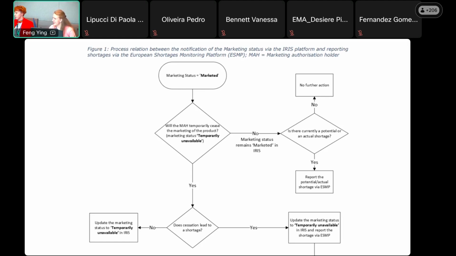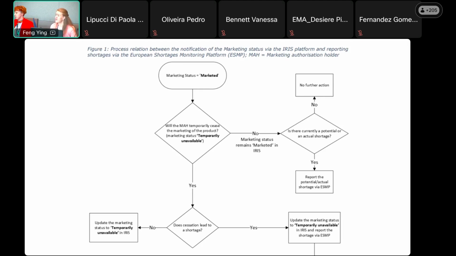In the other scenario, the MAH, due to whatever decision, changes the marketing status to temporarily unavailable, and the arrow with the yes goes down. In IRIS, you also need to indicate if the cessation leads to a shortage, and there are 2 options, no and yes. If no, then you just need to update the marketing status to temporarily unavailable in IRIS.